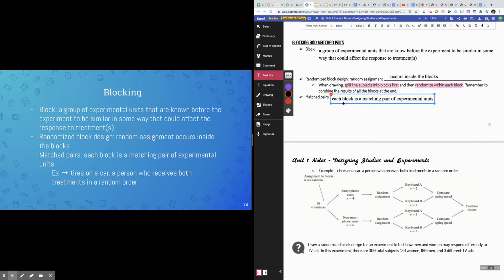A really common one that people use when designing studies is giving a person both treatments in a random order. So, for example, maybe you wanted to know the effect of a certain sunscreen on blocking UV rays.